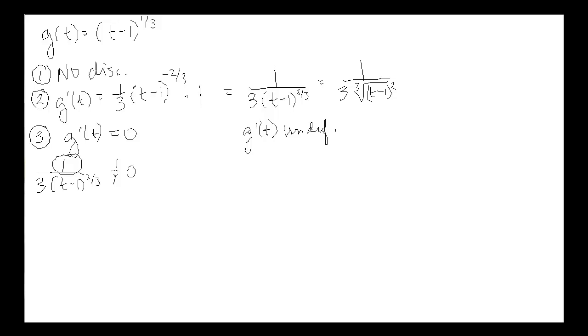So the derivative is undefined when the denominator is 0. That's 0 when what's under the radical is 0, so that's when t minus 1 is 0. That's when t is 1. Now, here's a case where we don't have any place where the derivative is 0, but we do have a place where the derivative is undefined.